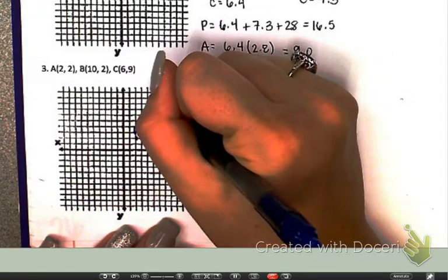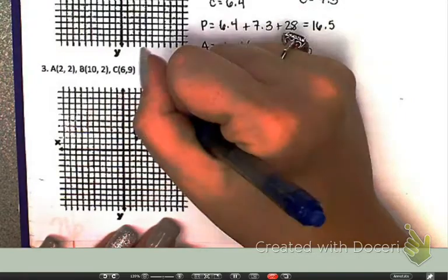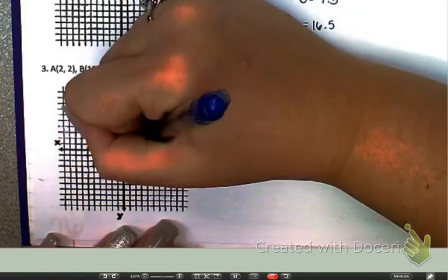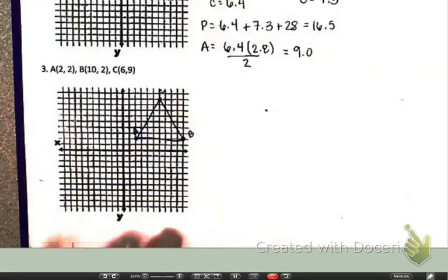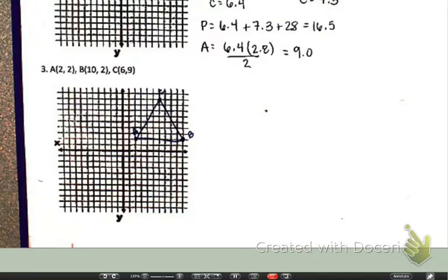Okay, so here is this triangle. Well, one of the sides is pretty much given to us, right?